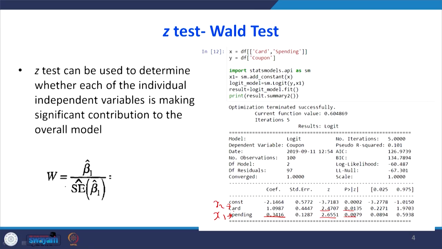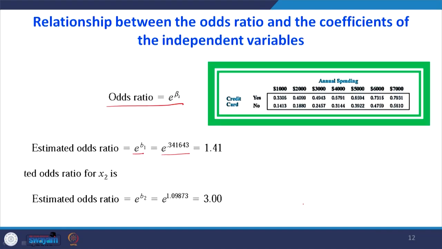For example, if you want to know the odds ratio for card, those who are having card or not, so e to the power 1.0987, that will become 3. I will show you that one. Yeah, see that b2, e to the power b2, e to the power 1.09873 is 3. So the odds ratio we can directly get from the coefficient of the logistic regression equation.